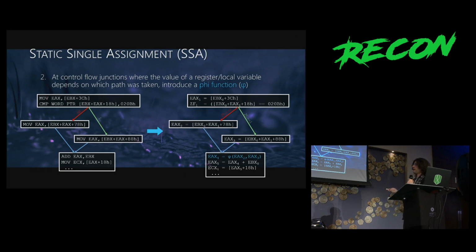When we come back together and add the RVA to the base address, EBX being the base address here, we don't really know which EAX this must be. So when you're working with static single assignment, when control flow can come back together, you have this little phi function, which says, okay, the result in EAX4 is one of EAX2 or EAX3, depending on which path brought you here. And then we can go forward with whatever information we know about EAX4 at that point, add EBX, EAX5, and so on.